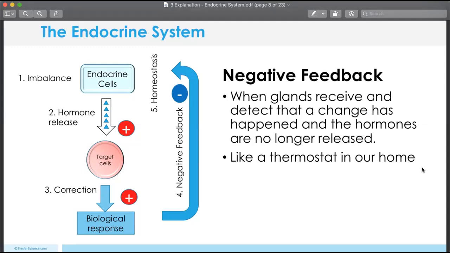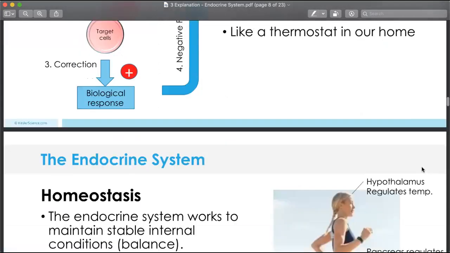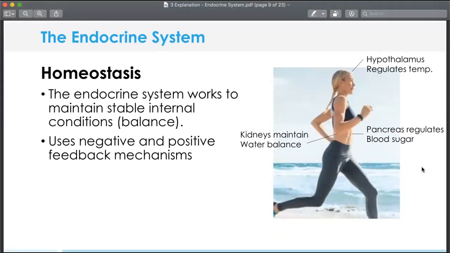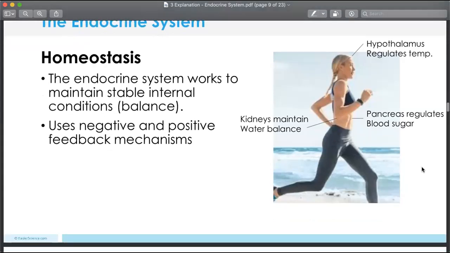And then that negative feedback gets sent back up, and homeostasis occurs, right? So that means it's going to do it all again. It's going to rebalance everything. That's what homeostasis is, the balancing. It keeps everything stable. There's a balance of internal conditions in our body. So it uses negative and positive feedback mechanisms to know what to do next for our bodies.